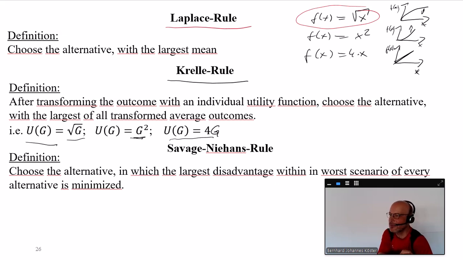But the additional utility you get from a euro when you have already a very high income is much less than the additional euro you obtain when you are coming from a low income position. And here it is, of course, just the other way around. You are just seeking the possibility to get a much higher income.